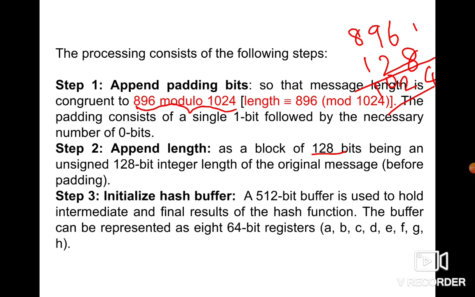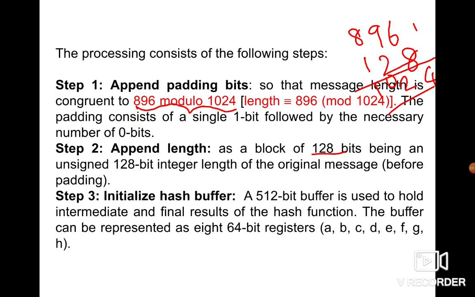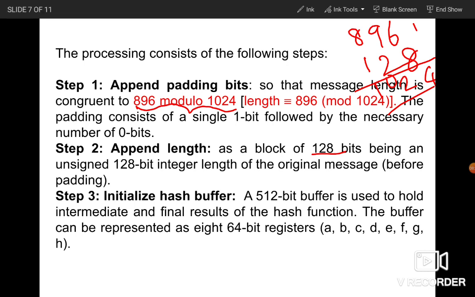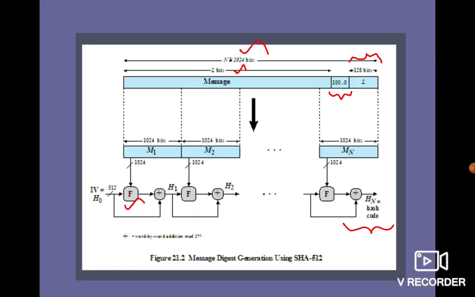The buffer can be represented as 64 bit registers, that is A, B, C, D, E, F, G, H. Each has 64 bits, so 64 into 8, totally we have a 512 bit buffer. Initially this 512 bit buffer is initialized by the initial vector.